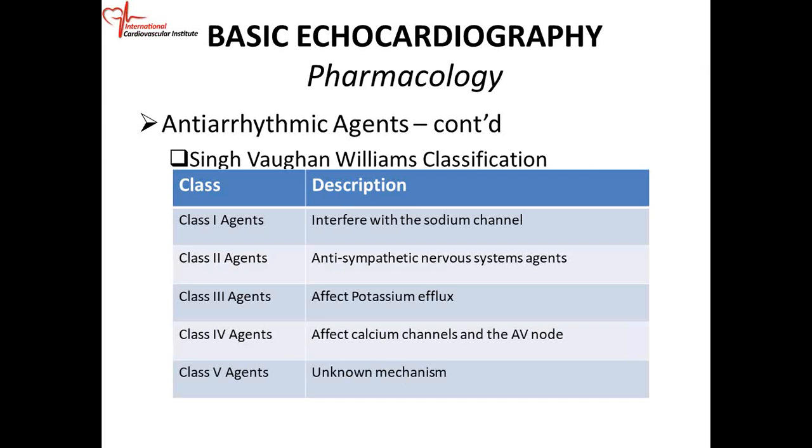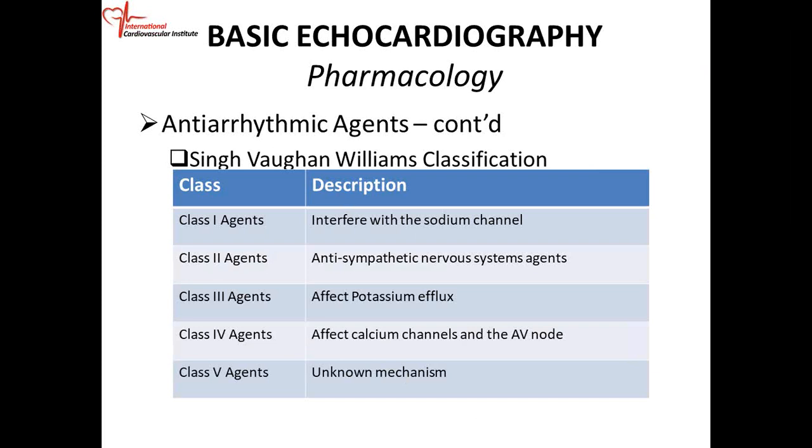Class 1 agents interfere with the sodium channel. So we call them sodium channel blockers. They interfere with the sodium channel. That's a class 1 agents, the broad category. Class 2 agents are what we call sympathetic nervous system agents. So the beta blockers and stuff like that.